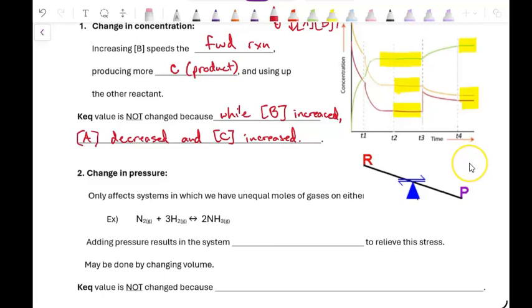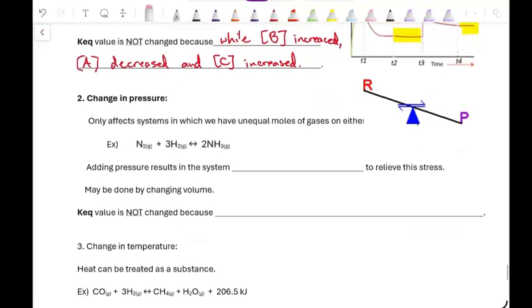Anything you add to the product side is going to weigh down the right side of the equation, and so the reaction will go back to the left to try to create more reactants and even out the balance of that seesaw. So anything you add to the right will cause the reaction to shift to the left, and anything you add to the left, like we did in this case, will cause the reaction to shift to the right. So it's always moving towards balance.